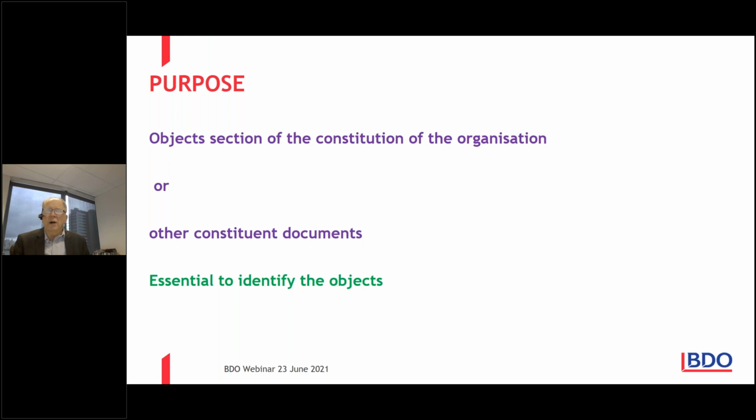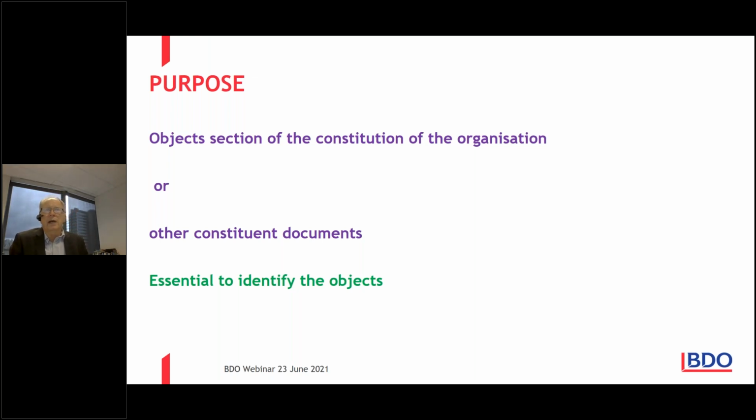Now, quite often you see in constitutions that the objects have a bit of a blending of objects and powers. So you need to ensure that what you're looking for are not the powers, but the true objects, the delivery of health services, the delivery of education, whatever it might be.